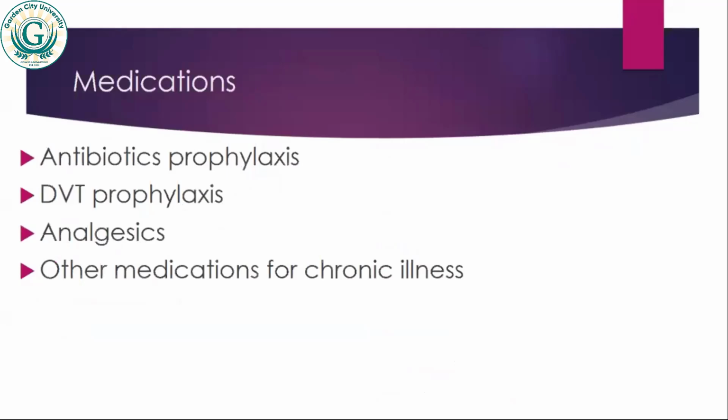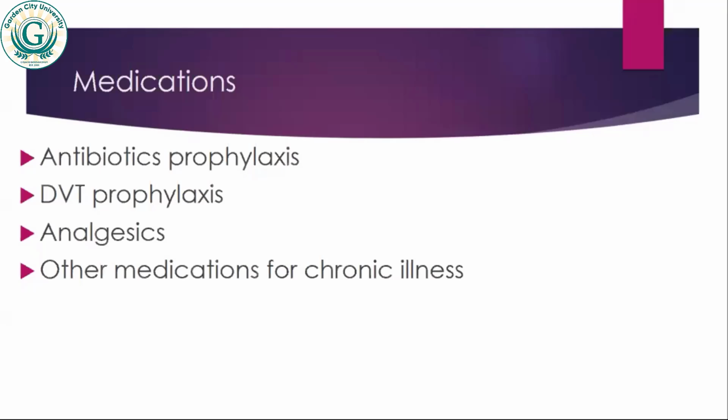Their medications before surgery, we give them what? Antibiotic prophylaxis. It is given before surgery, and of course, for our surgery, we give a prophylactic shot. But for orthopedics, it is not just an hour before surgery that you give that prophylactic shot, but you have to give it 24 hours earlier, or more, depending on the state of the patient.